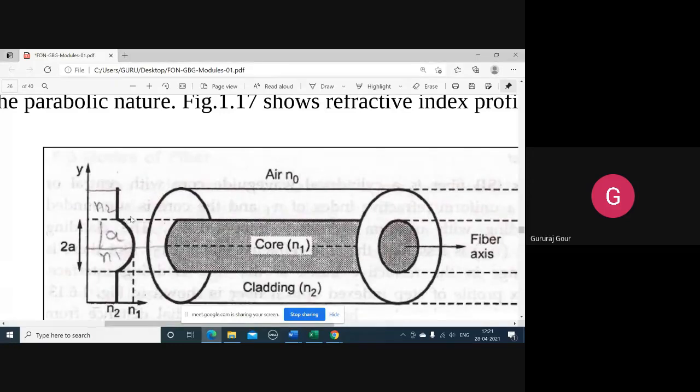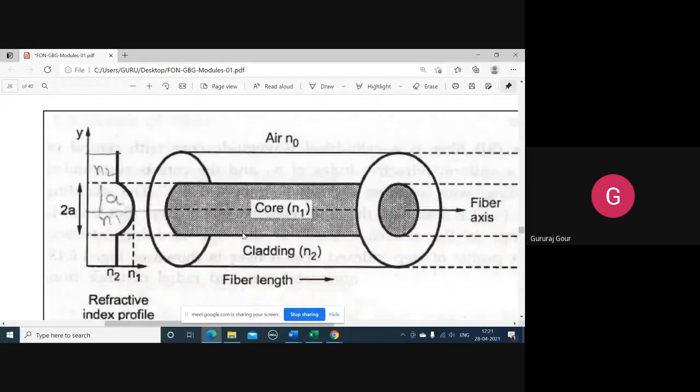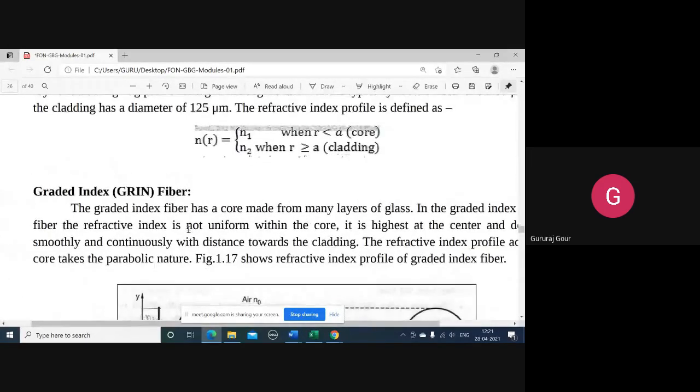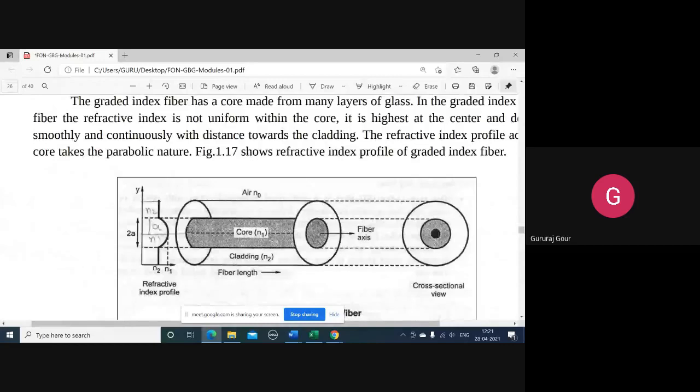And before that, in the cladding, it will be N2, which is less than what we encounter in the core. That is what is known as graded index fiber. Graded means gradual change in index.